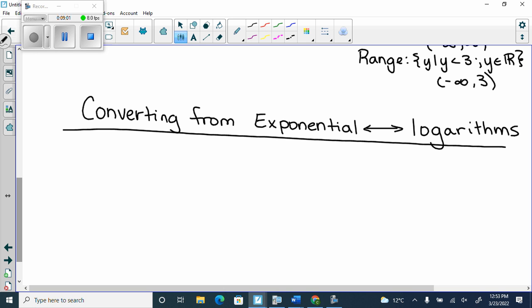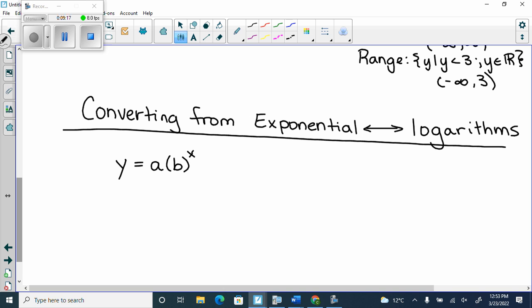Okay, so how we are going to convert, let's just look at a basic exponential function, a basic parent exponential function. So say we have y equals a b to the x. That's our basic parent function.